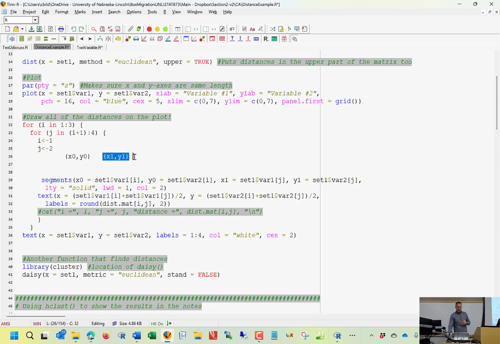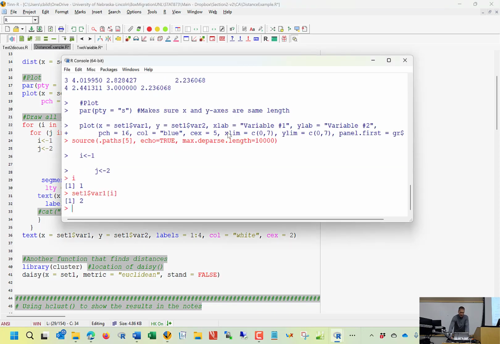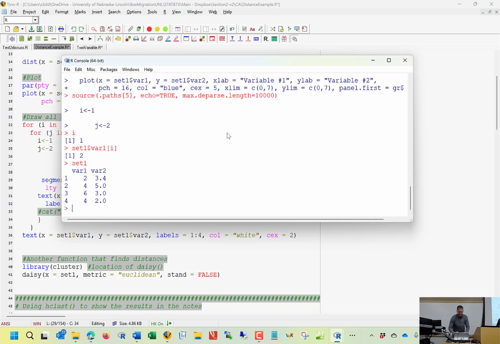Another point is going to be at x1 and y1. In the segments function, I specify x0, which is going to be the first variable value for observation 1, equal to 2.